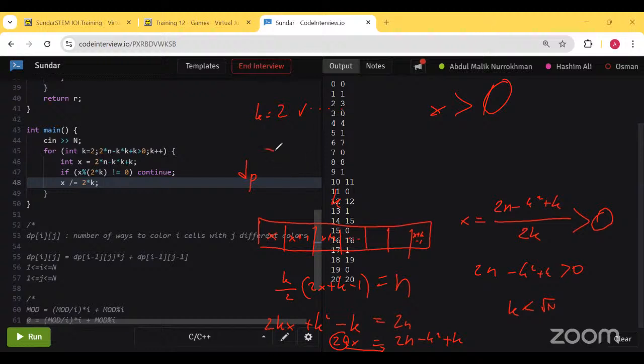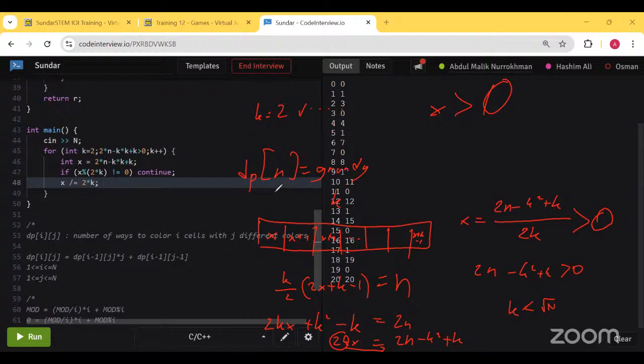Let dp[n] be the XOR of Grundy values, or just the Grundy value if there is a pile with n stones. It is the Grundy number.